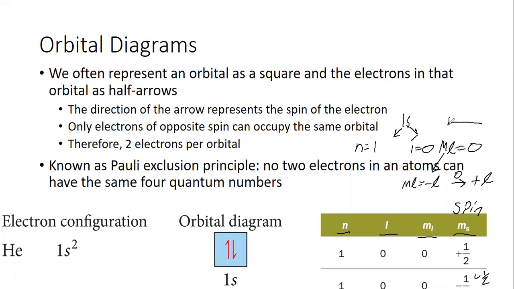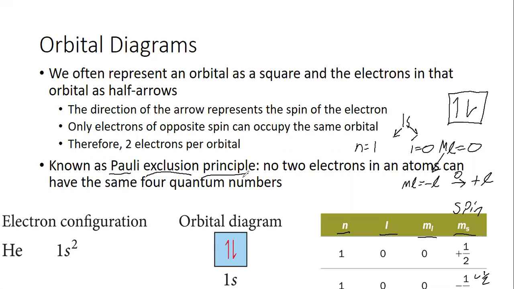Now these dashes, and some people also put them as boxes, this is where we can put electrons. Now, we can only put 2 electrons per box. And the reason for that is what I was talking about, which is called the Pauli exclusion principle. No 2 electrons in the atom can have the same 4 quantum numbers.